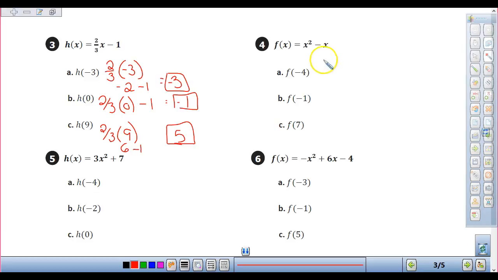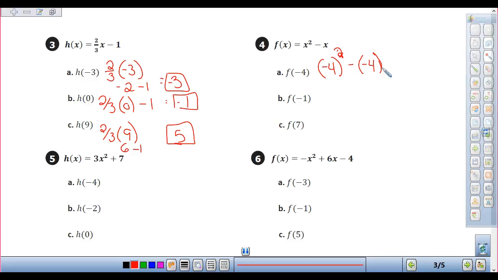Okay, so I have negative 4 squared minus negative 4. We really have to be careful with this. If you have a graphing calculator, you need to be careful when you square numbers. It's got to go in parentheses because otherwise it doesn't do order of operations.